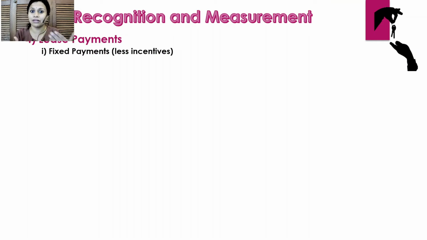Fixed payments, they would have agreed something like, okay, I will pay you $50,000 every year. Yeah, so this 50,000 is fixed, therefore it is called a fixed payment. Less incentives, what if the lessor wants to attract the lessee to take up the lease or to extend the lease? In this case, he may give some incentives. These incentives are to be reduced from the lease payments.